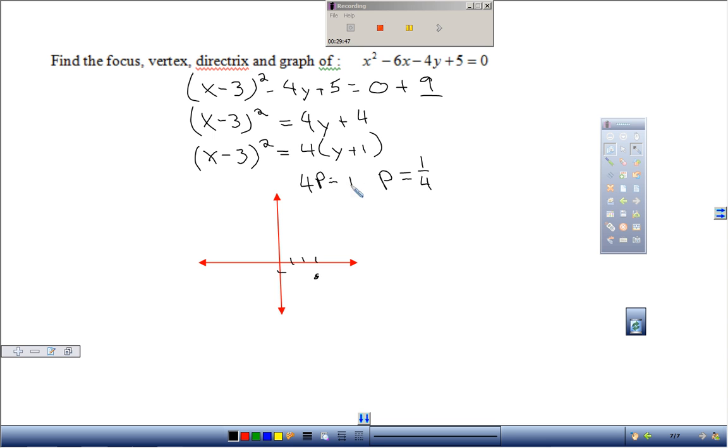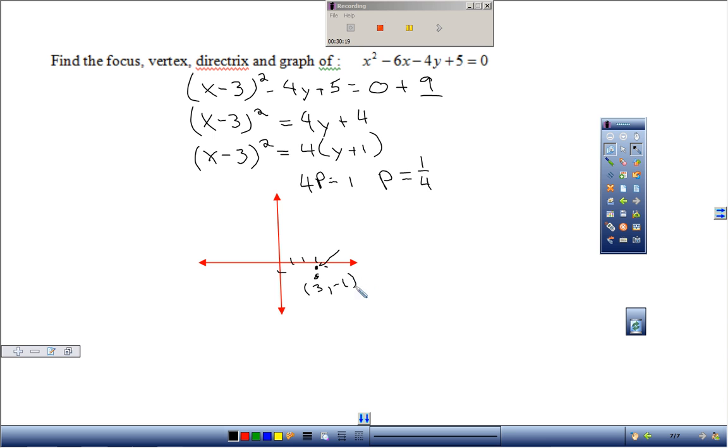The focus, since 4p equals 1, means that p equals 1/4. So the focus is only 1/4 of a unit from that vertex. If I go up 1/4 from this point, which is 3 comma negative 1, why did I write negative 2? I don't know.